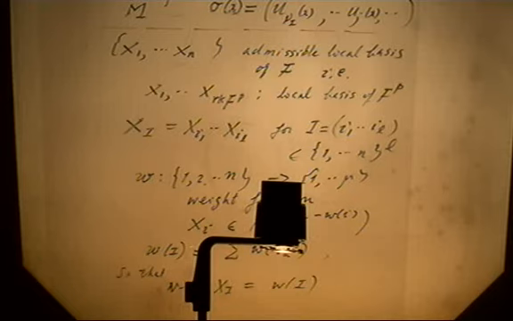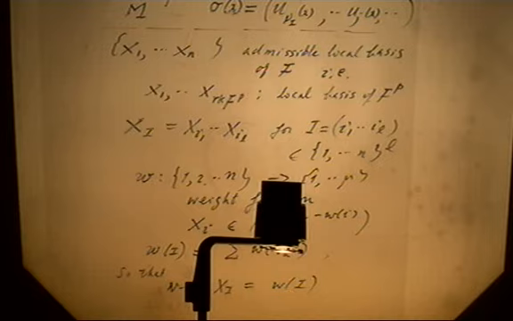So in this way, w is our weight function, and for this X^I, I is a multi-index. The weight of capital I is the sum of omega i_a. Then the weighted order of this differential operator X^I is just w(I).